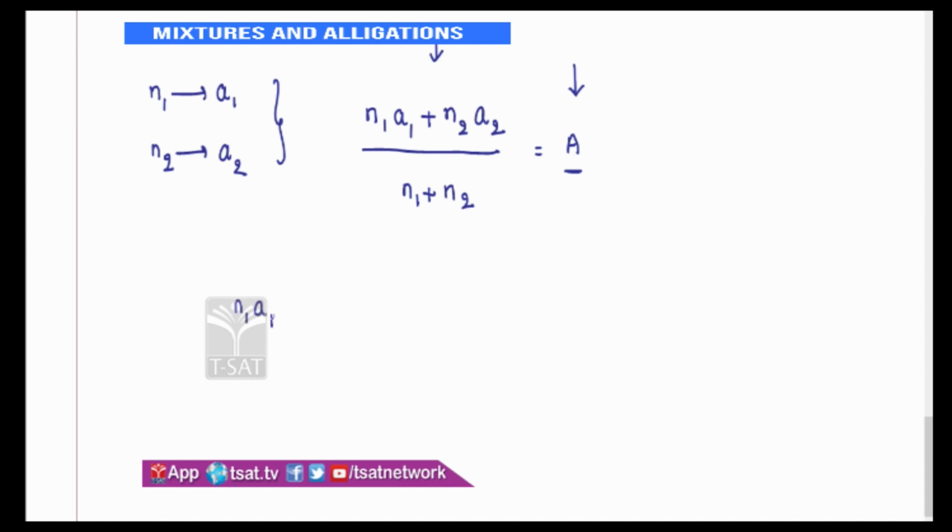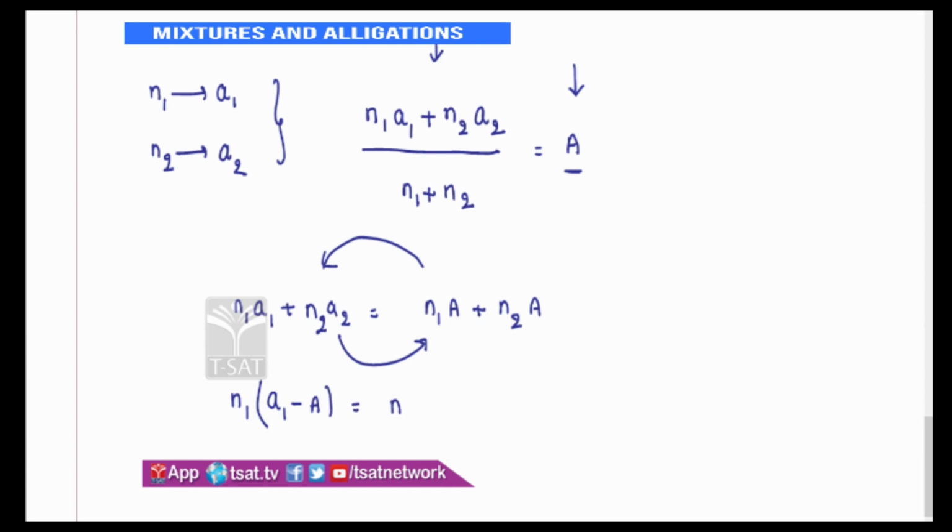How do I explore this formula further? N1 A1 plus N2 A2, cross multiply with N1 plus N2, send it that side. It becomes N1 into capital A plus N2 into capital A. Further, bring N1 here, N2 that side. It becomes N1 into small a1 minus capital A is equal to N2 into capital A minus A2.